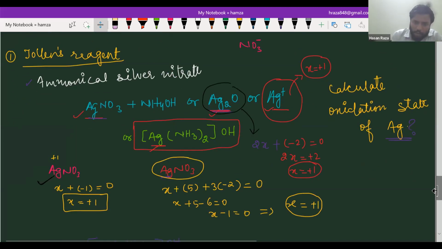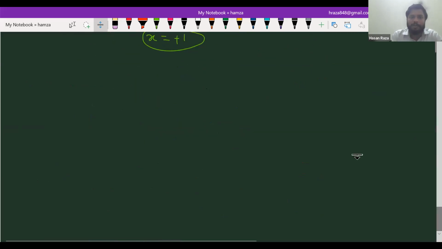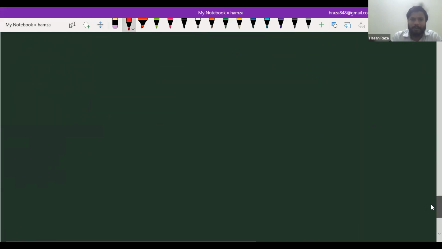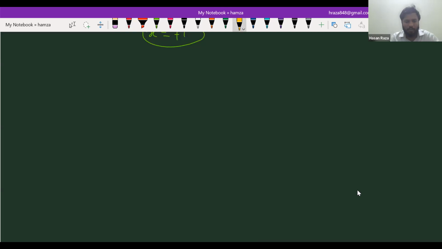And then comes Tollens' reagent. Now we are going to talk about Tollens' reagent. You all are done with this? Very good. Now see what happens when you use this.